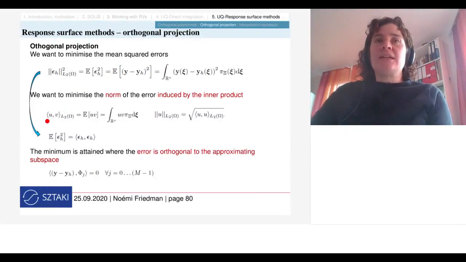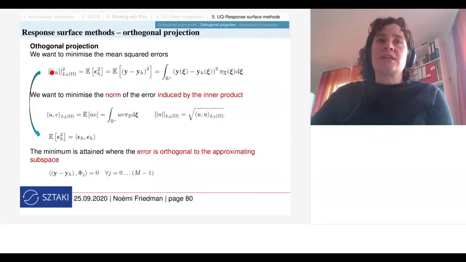If I define the inner product to be what I explained, then the norm that is induced from this inner product is the expected value of the squared function, right? So this is just simply the norm of the error.